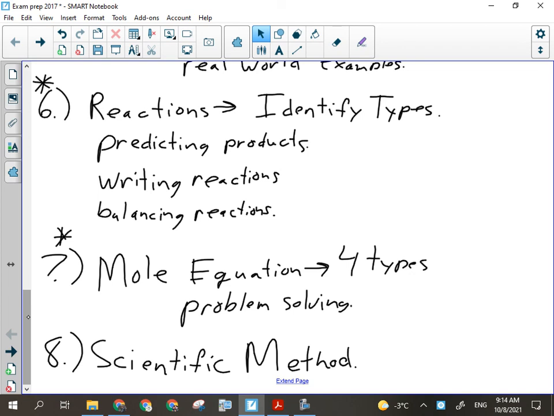Scientific method questions like we just mentioned there. Properties of compounds. Solubility.